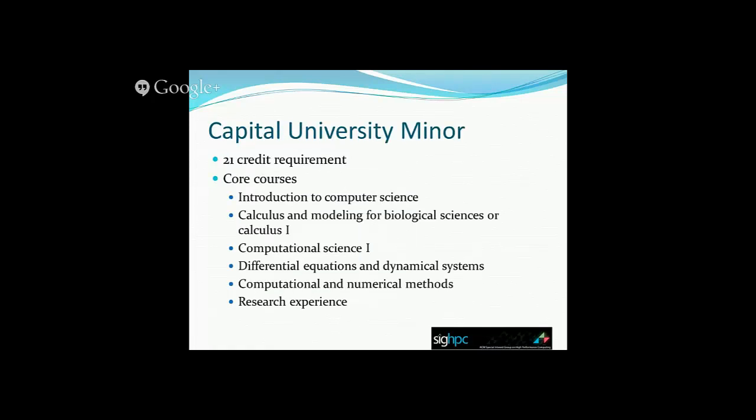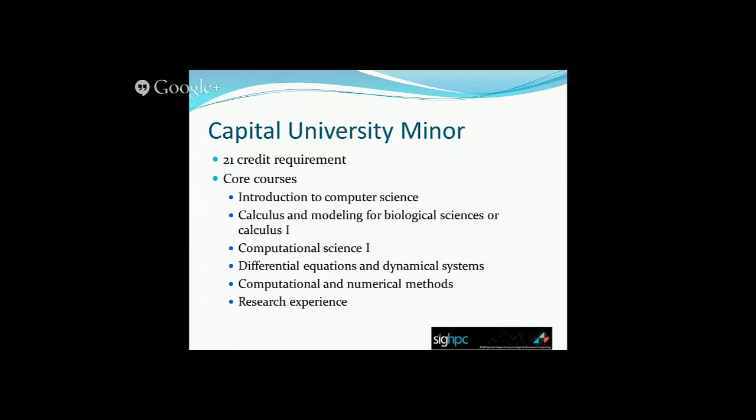The next one I'm going to talk about is from Capital University, and this is representative of many liberal arts colleges that have some expertise in computational science and want to do something like this. Their course requirements require 21 credit hours. The core courses are similar to what I noted at Ohio State, but a little bit narrower in focus. So there's an introduction to computer science, which is a combination of a modeling and programming course.